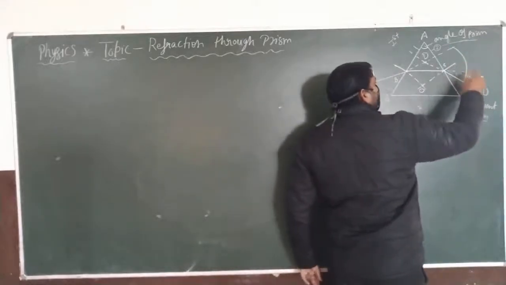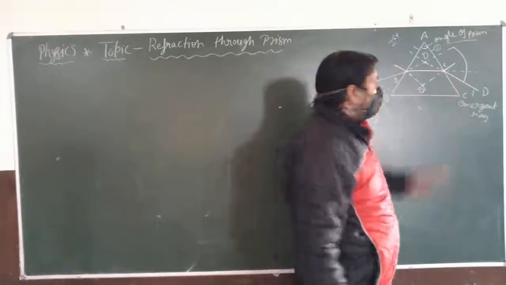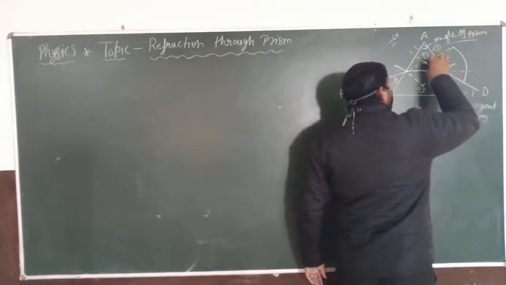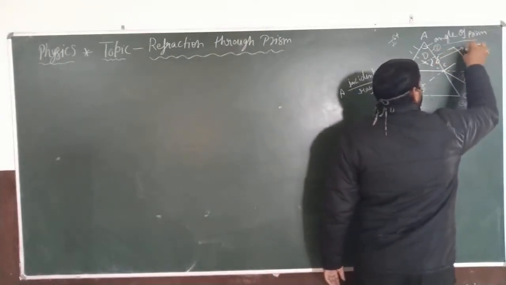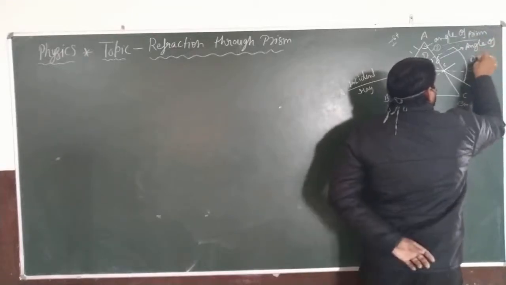This bending is called deviation of light because of the prism. So this angle is called the angle of deviation.